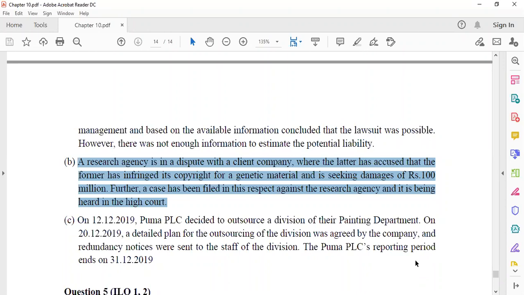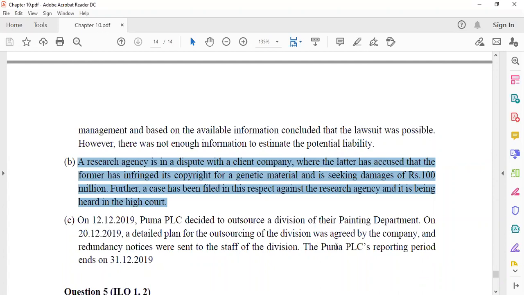Puma's reporting period ends on 31st December. Now it is asked, regarding this scenario, what you are supposed to do. Simply putting, do you need to make a provision for that, or should you disclose a contingent liability?